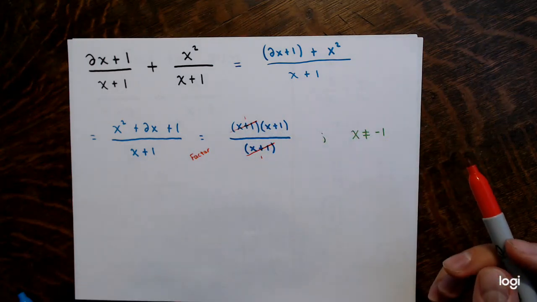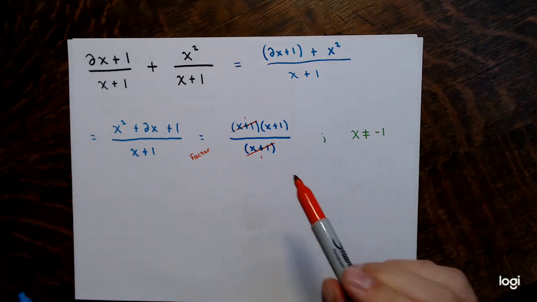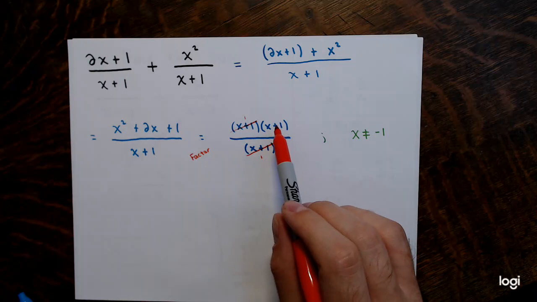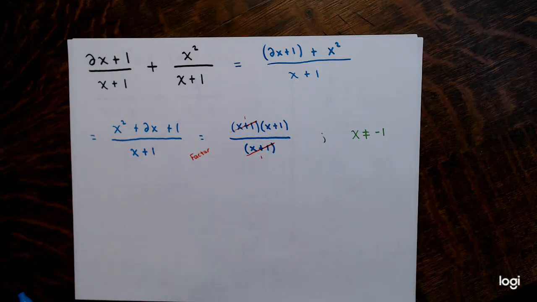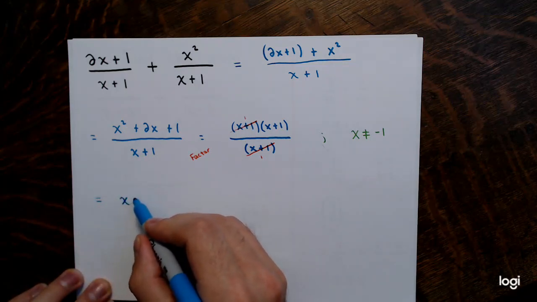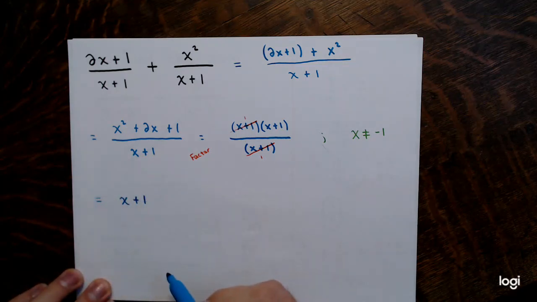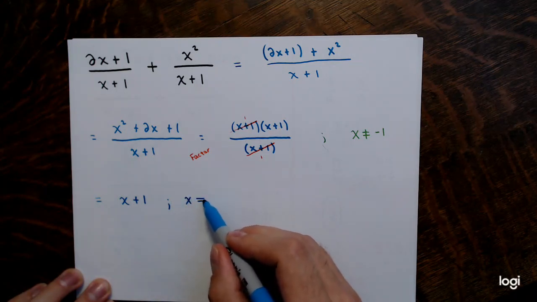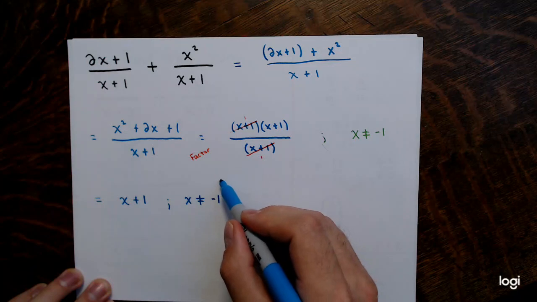Anything divided by itself is 1. And all I'm left with really is x plus 1 divided by 1, or just x plus 1, because divided by 1 doesn't change anything. So this is equal to x plus 1, again as long as x is not -1.